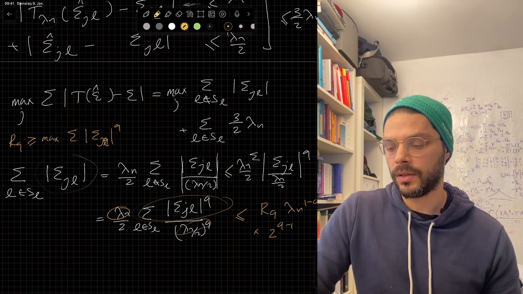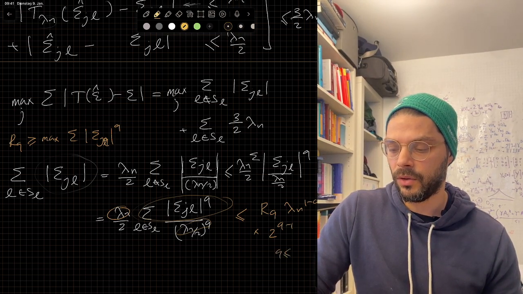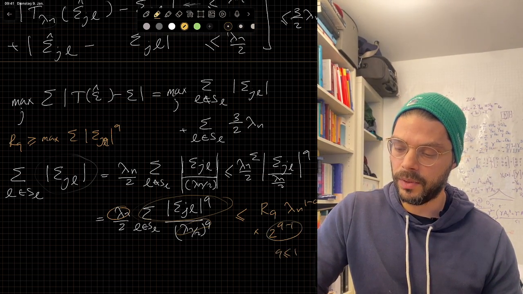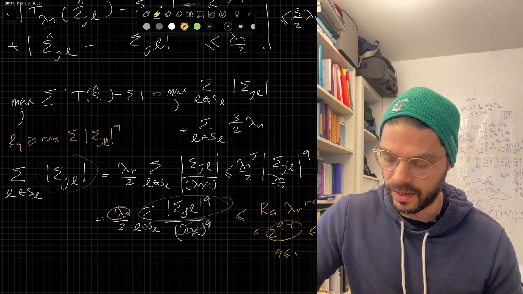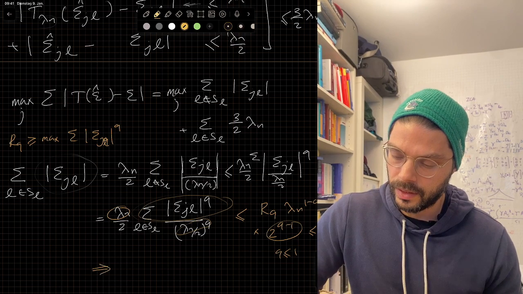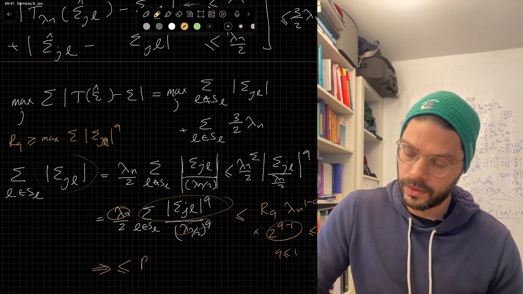And because Q is less than or equal to 1, this thing is going to be less than or equal to 1 as well. So this means that this whole sum is less than or equal to RQ lambda n to the 1 minus Q.